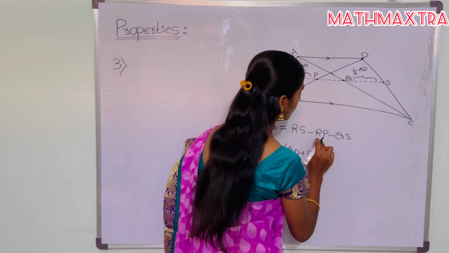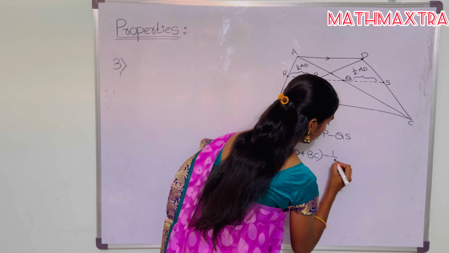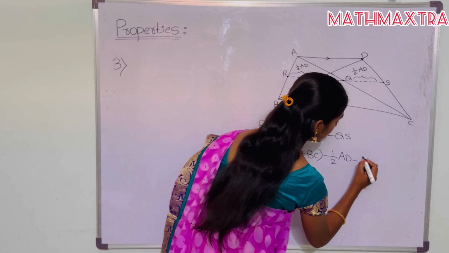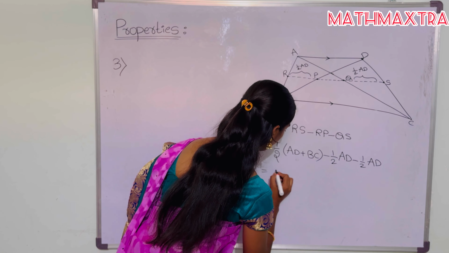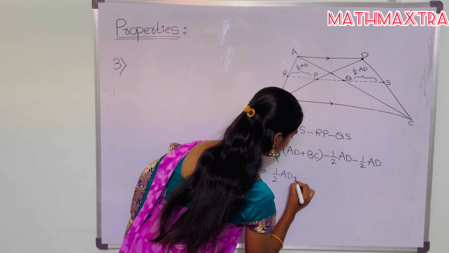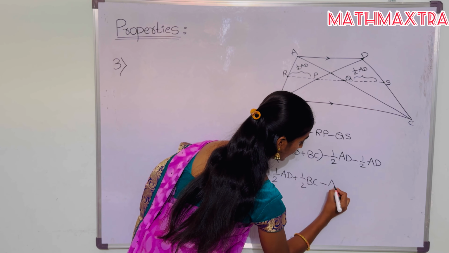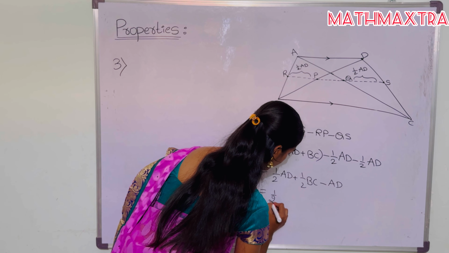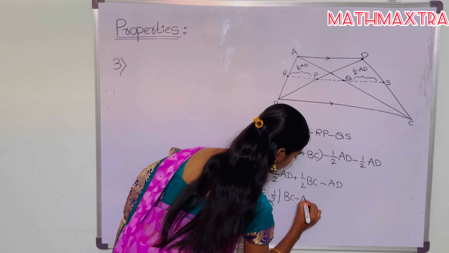Minus what is RP here? It is nothing but half of AD, right? And what is QS? It is also half of AD. Now simplify. Half AD plus half BC minus AD, which is nothing but half of BC minus AD.